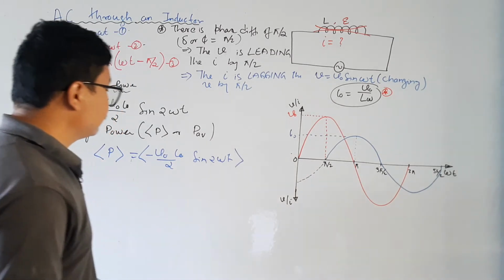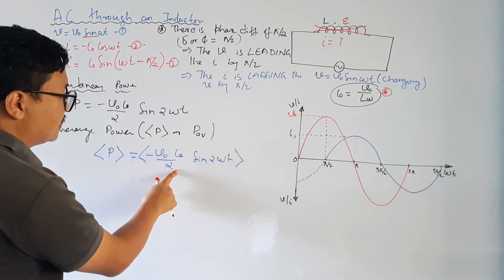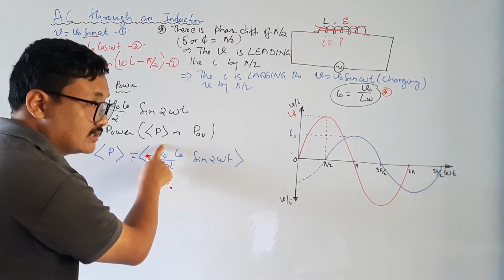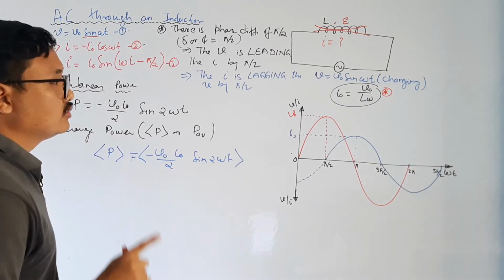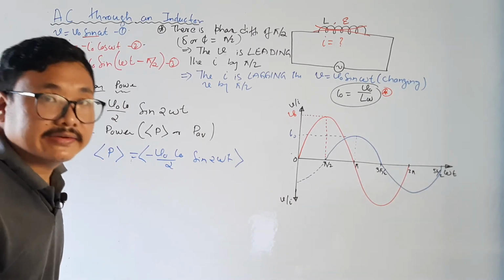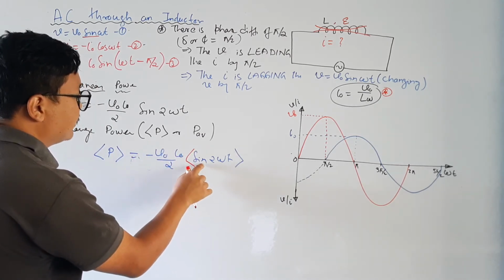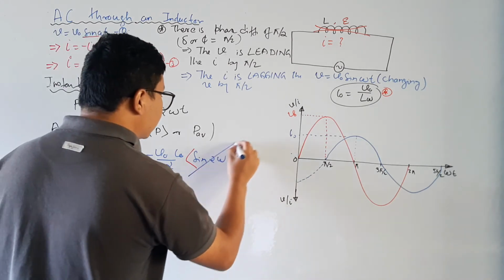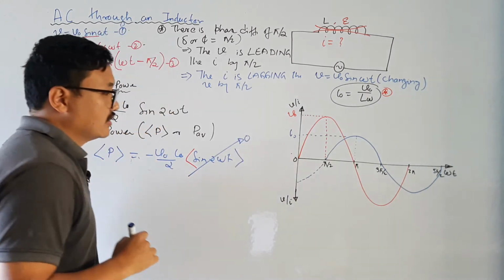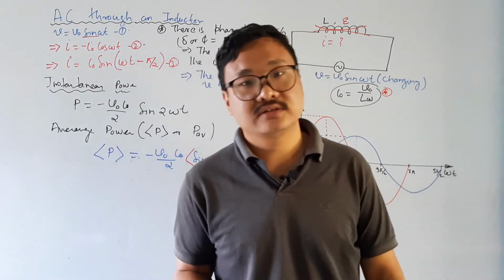In the second step, V0 is constant, I0 is constant, and 2 is constant, and we don't take the average of a constant. So I will just take the average of sine 2 omega t. The average of sine 2 omega t is equal to 0. The average of cos 2 omega t is also equal to 0.